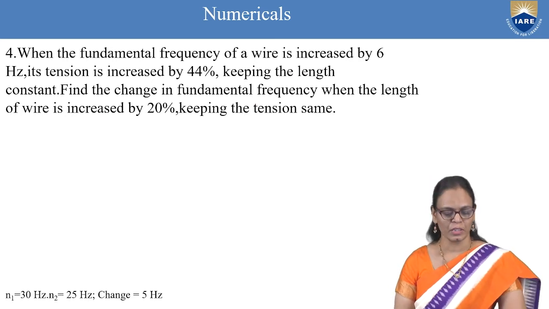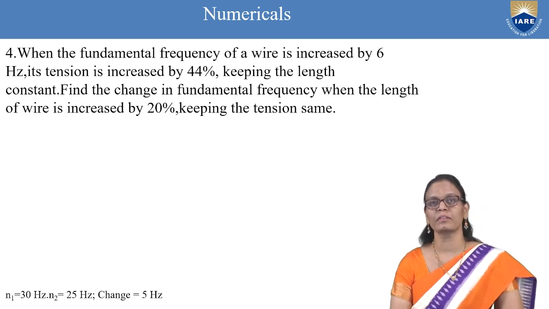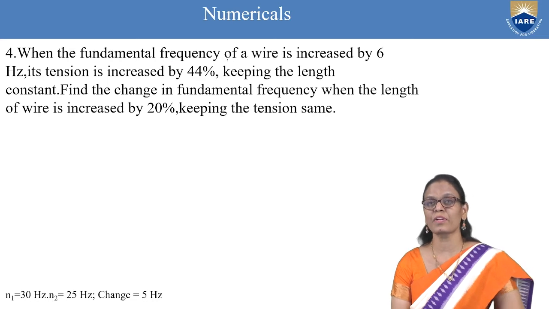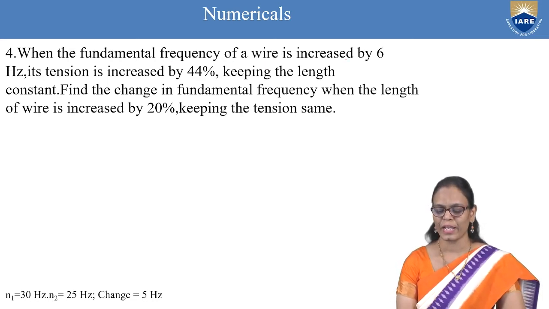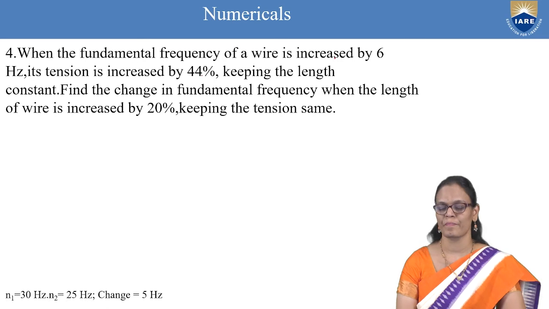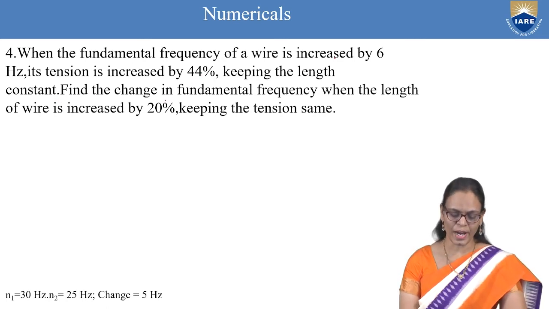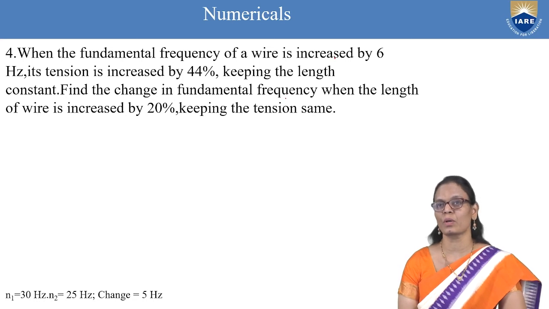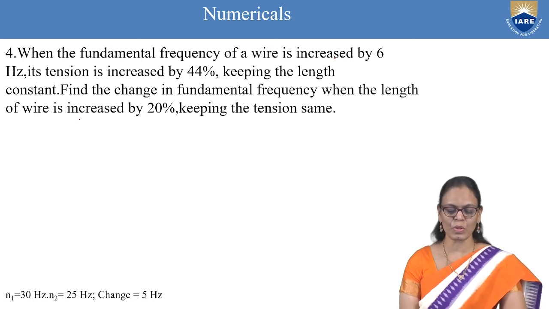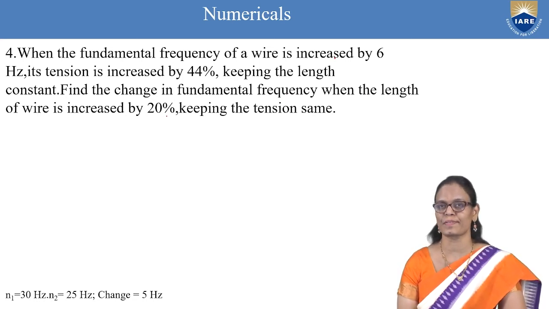Now, let us look at another problem. When the fundamental frequency of a wire is increased by 6 Hertz, the tension is increased by 44%, keeping the length constant. Find the change in fundamental frequency when the length of the wire is increased by 20%, keeping the tension same.